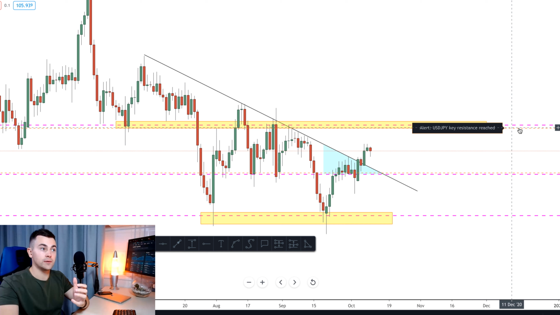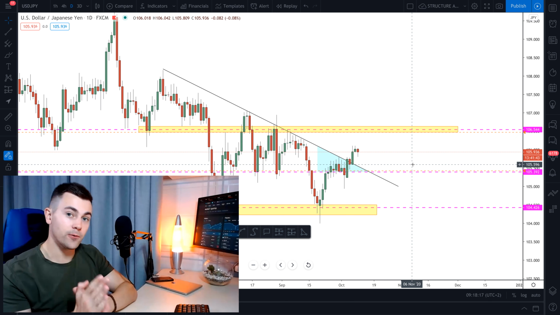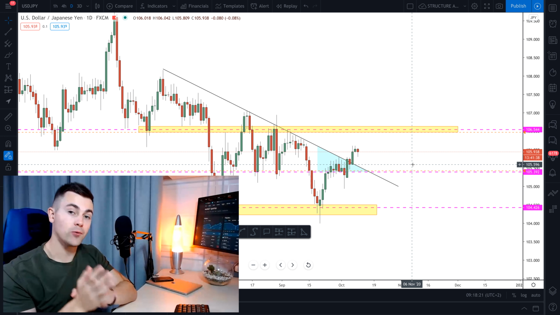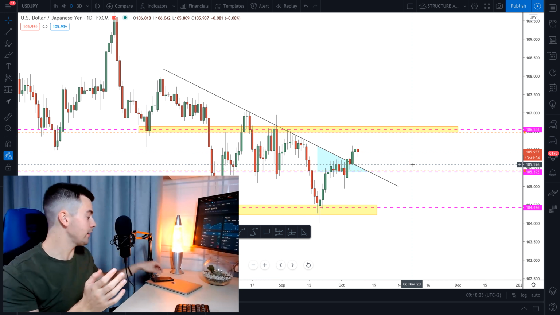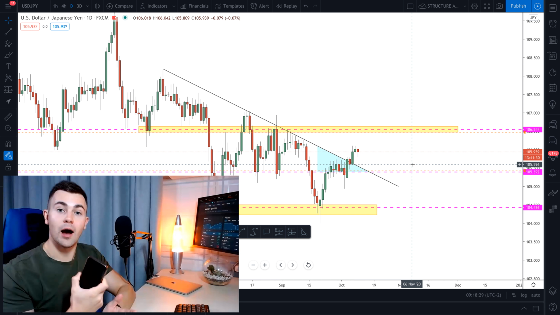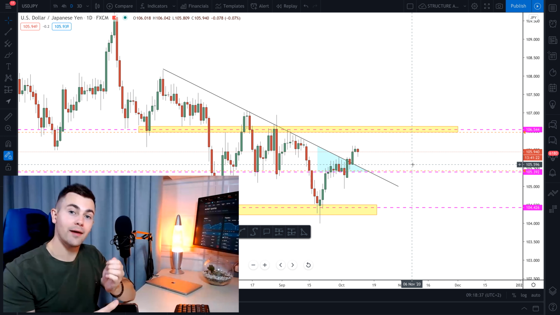As you can see, our alerts are placed already. A very important thing to note right here: I receive all alerts on my phone. I have my phone constantly with me, no matter where I go. Once the alert is triggered, I have the notification from the TradingView app.